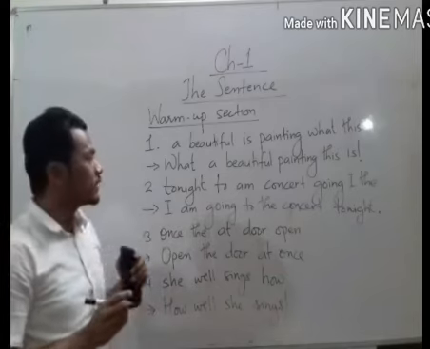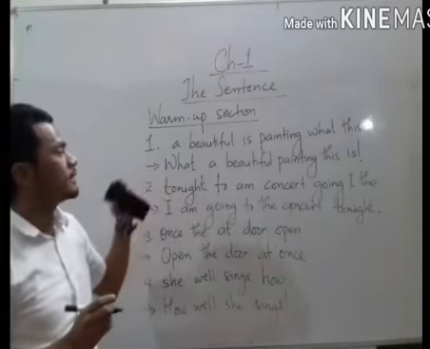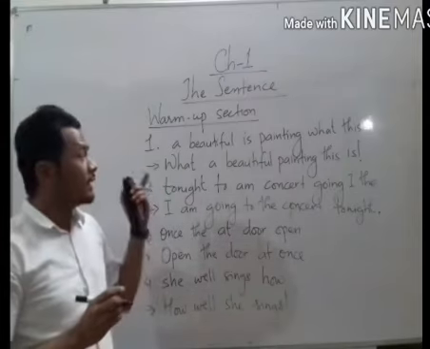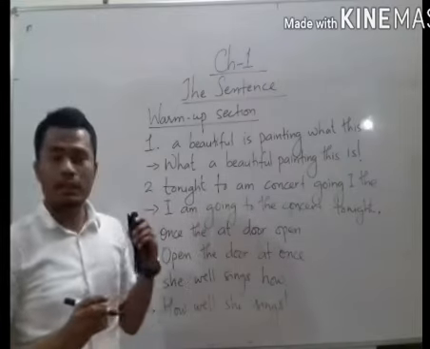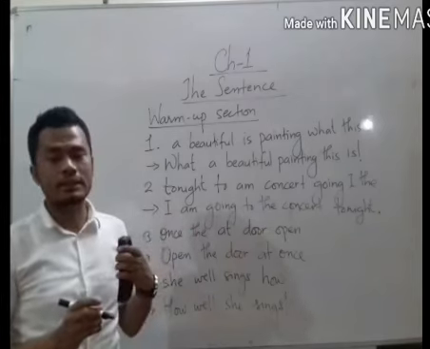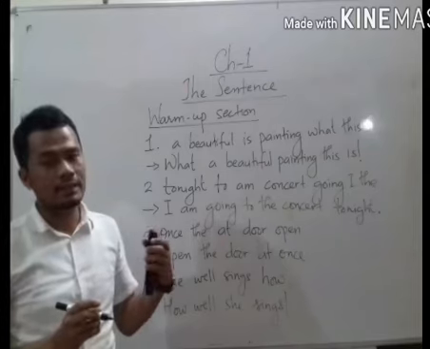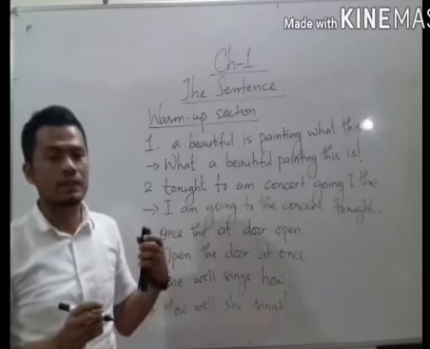So here I have written question number 1, that is: a beautiful is painting what this. This is also a group of words, but if we read it, it doesn't give us a meaningful sense. So we can say that it is not a complete sentence, because to be a complete sentence it has to give us a meaningful sense.